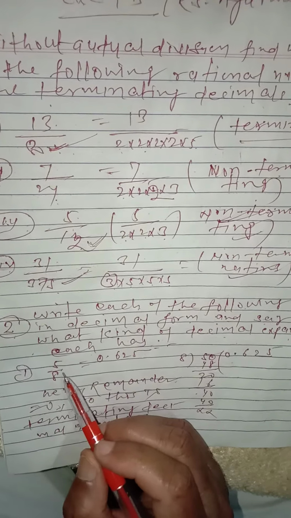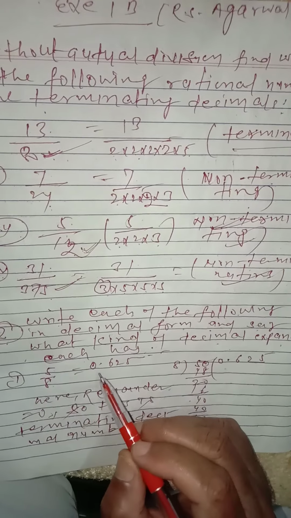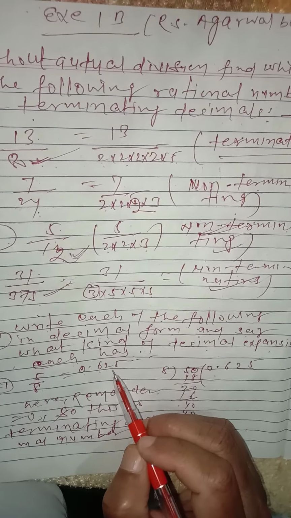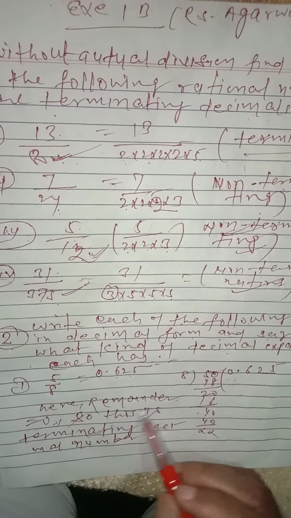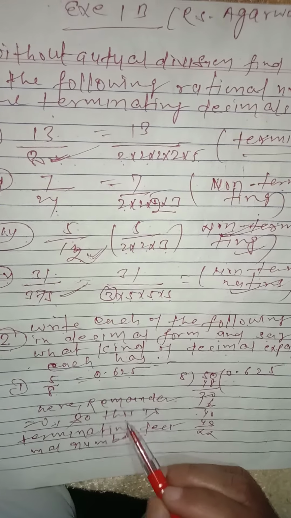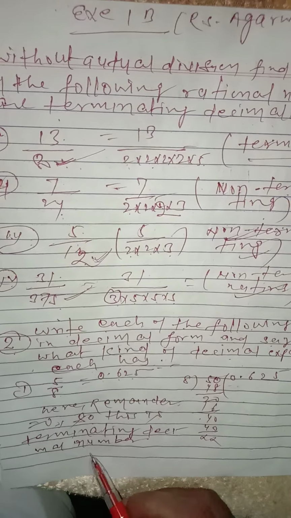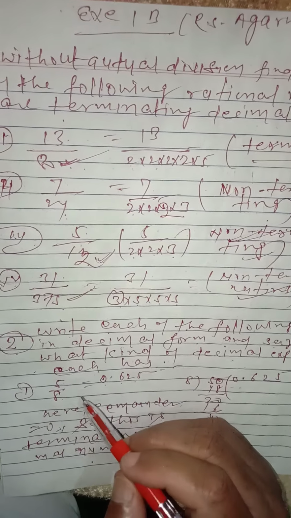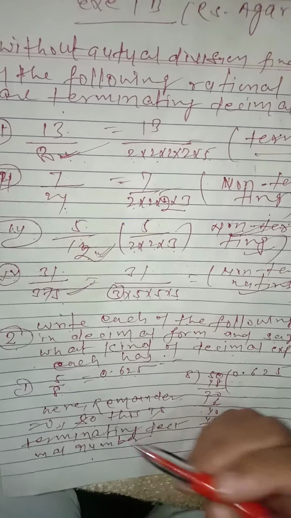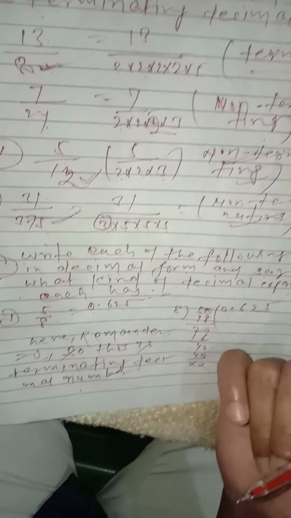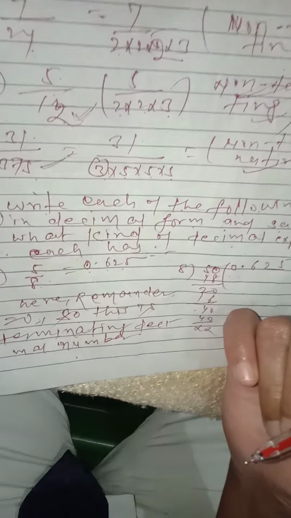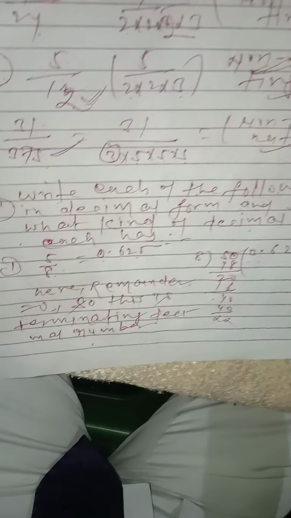First question, 5/8 equals 0.625. Here the remainder becomes 0, so this is a terminating decimal number. If the remainder of the division is equal to 0, then the given number is always a terminating decimal number.